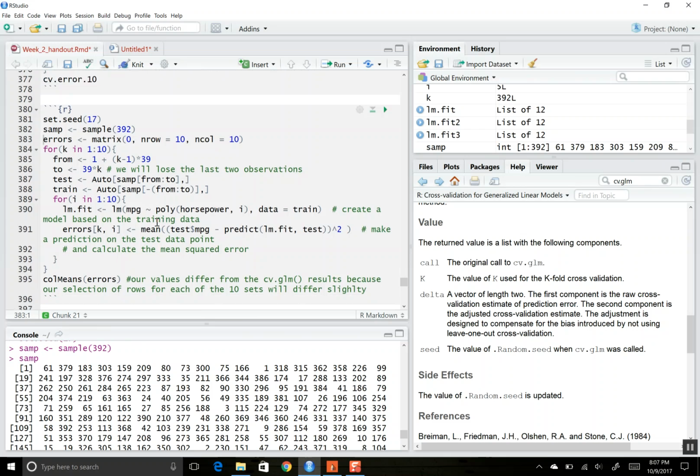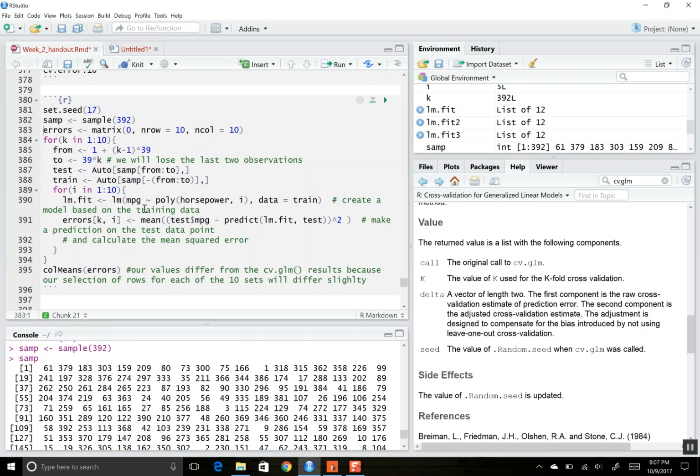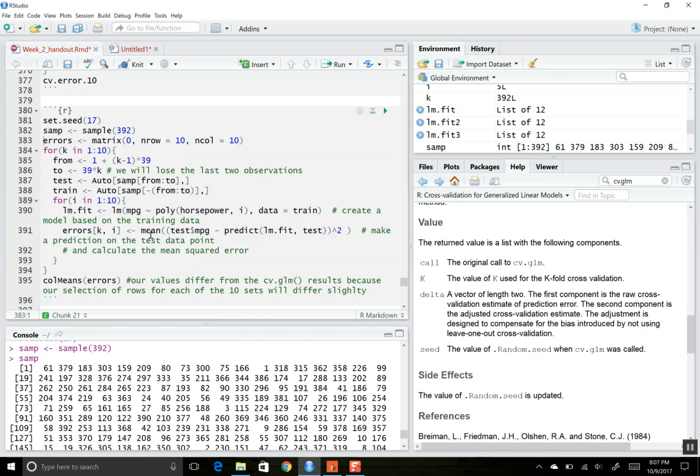I fit my model on the training set. I use the training set to create predictions, and I compare those predictions to the actual values on the test set. Then in this case, I'm going to square those and take the mean, and I'm going to get 10 values here, for each thing.